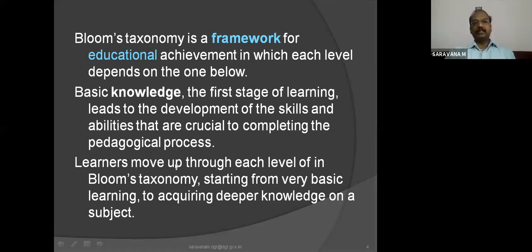So everything is considered as pedagogical process. Principles of teaching only is pedagogy, principles of learning and teaching only is pedagogy. So in the pedagogical process, these various levels of Bloom's taxonomy are used. Then learners move up through each level of Bloom's taxonomy, starting from a very basic level to acquiring deeper knowledge on a subject.